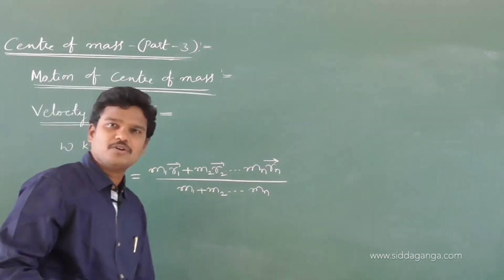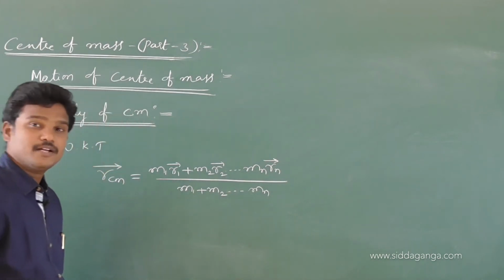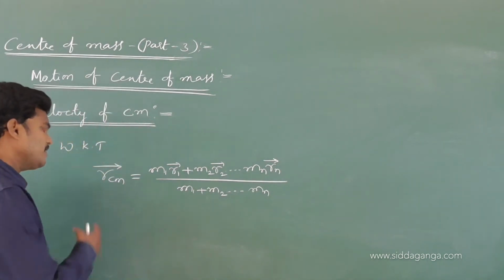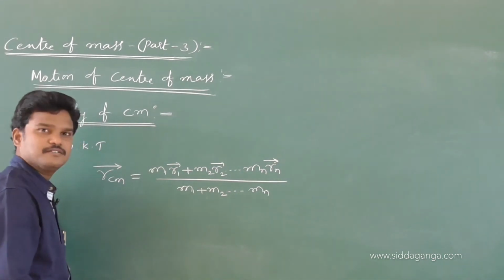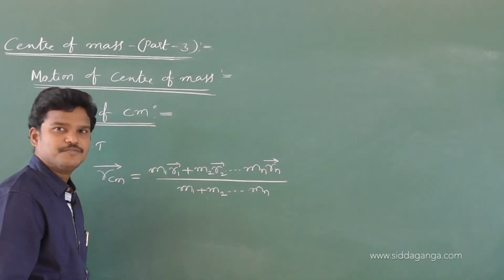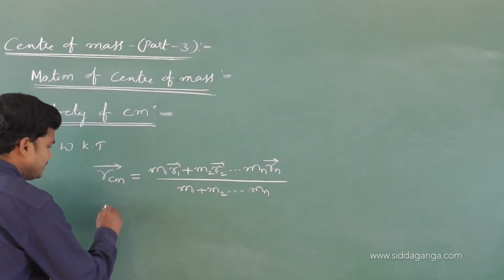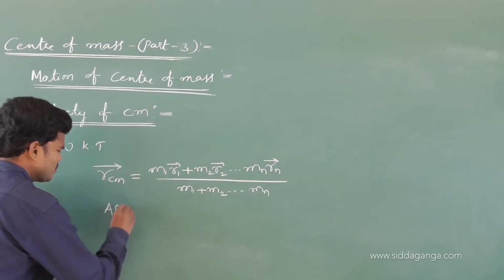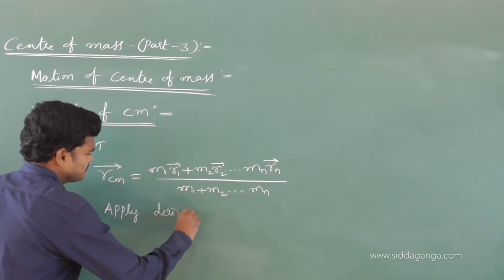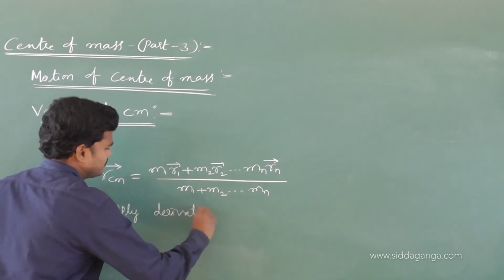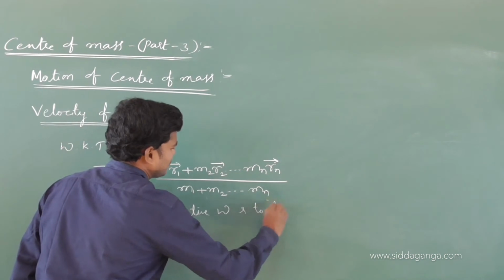So this is the position of center of mass of a system of n particles. If we apply differentiation with respect to time for this equation, we will get the velocity of center of mass. So let us apply the derivative with respect to t on both sides.